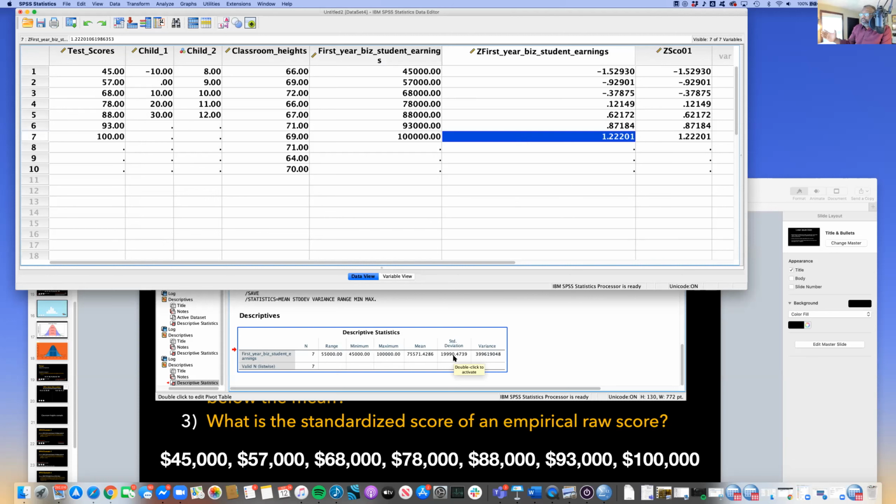So that's why you have a full 1.2, and obviously you have a full $19,990 less when we're talking about $45,000. So it's just really a percentage value of what your standard deviation is.